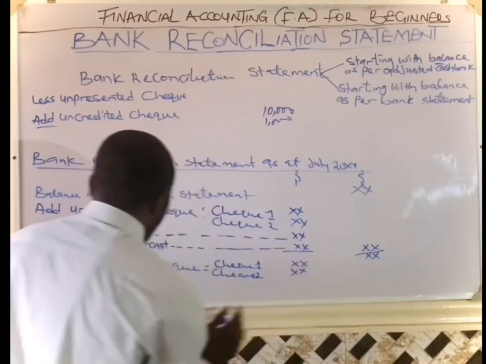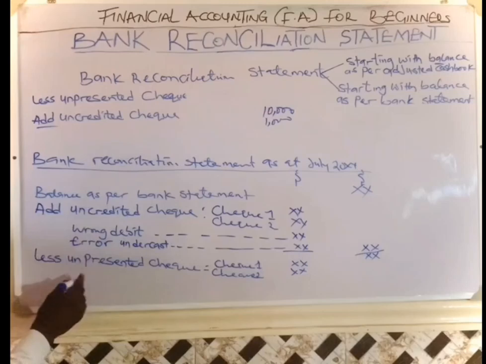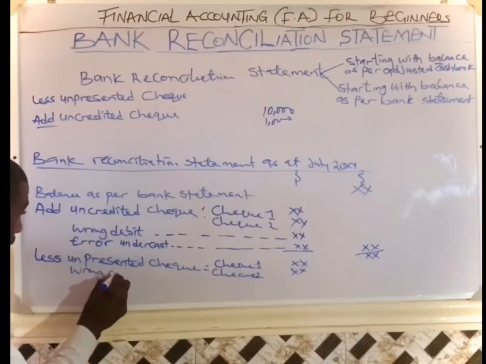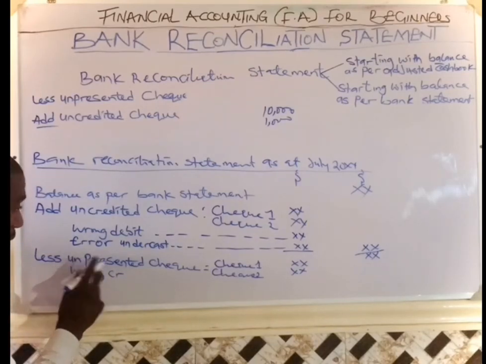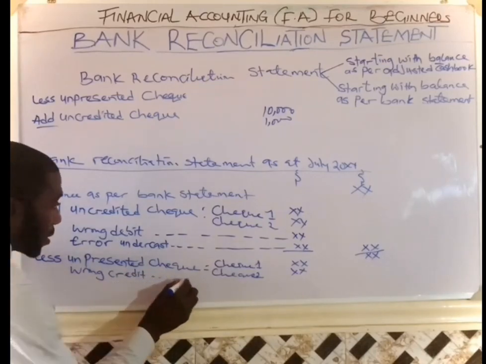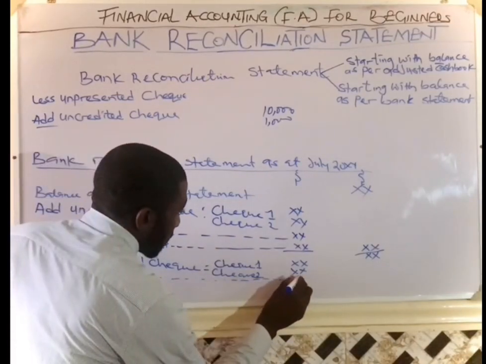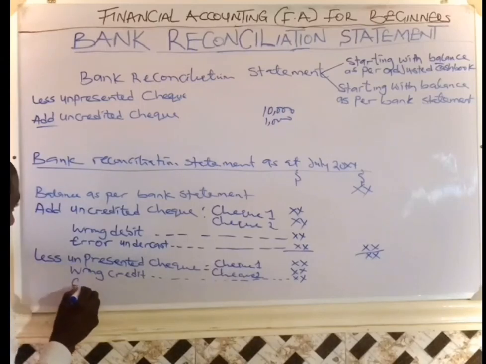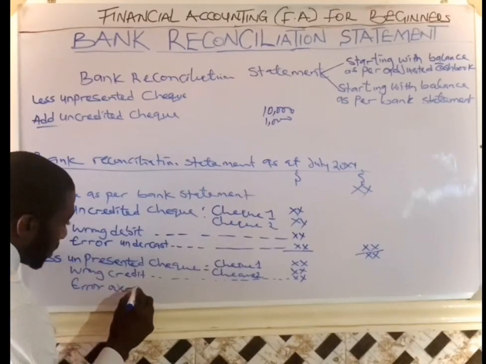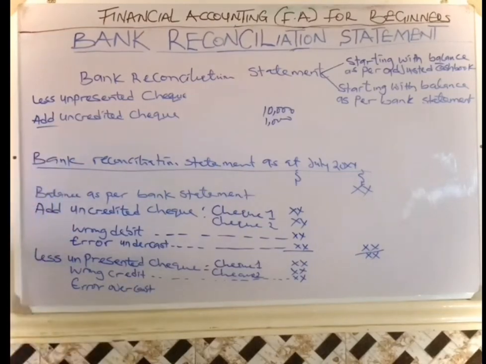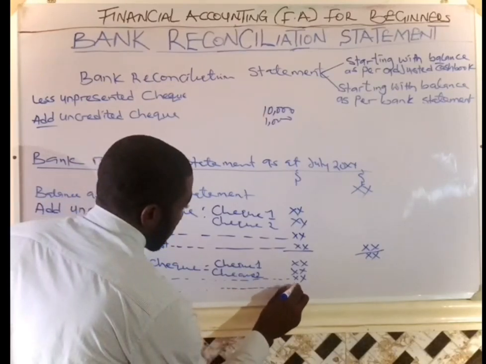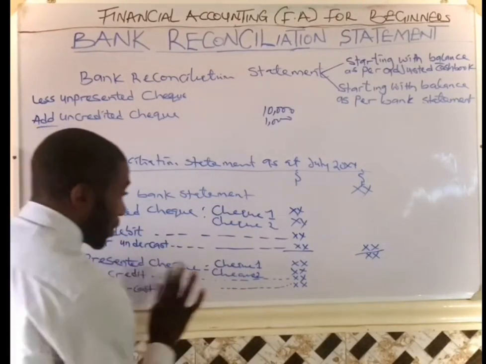Then the opposite of this: you're going to less wrong credit. This is an undebited check, which moves with wrong credit. And an error of overstating or overcasting. Error of overcasting. Realize it. The explanation is the same, it's the opposite.